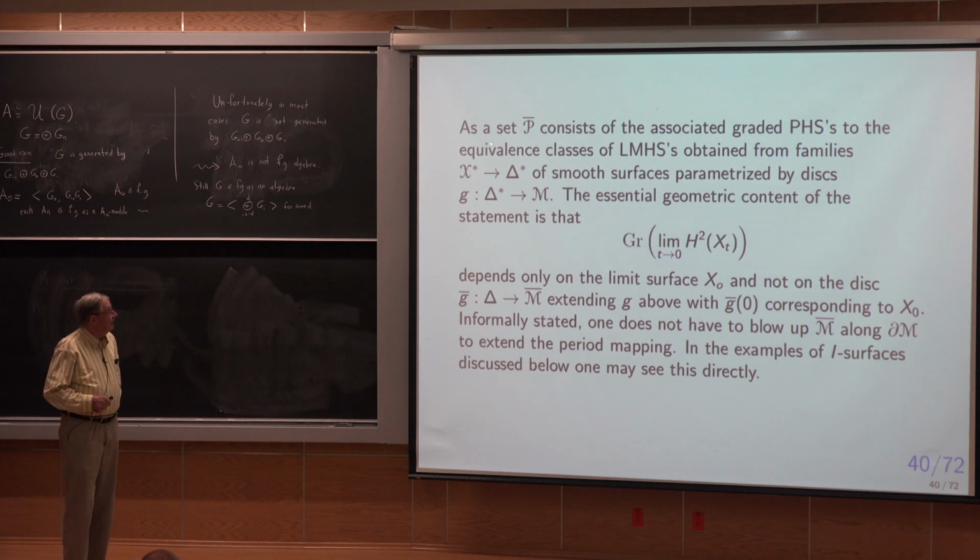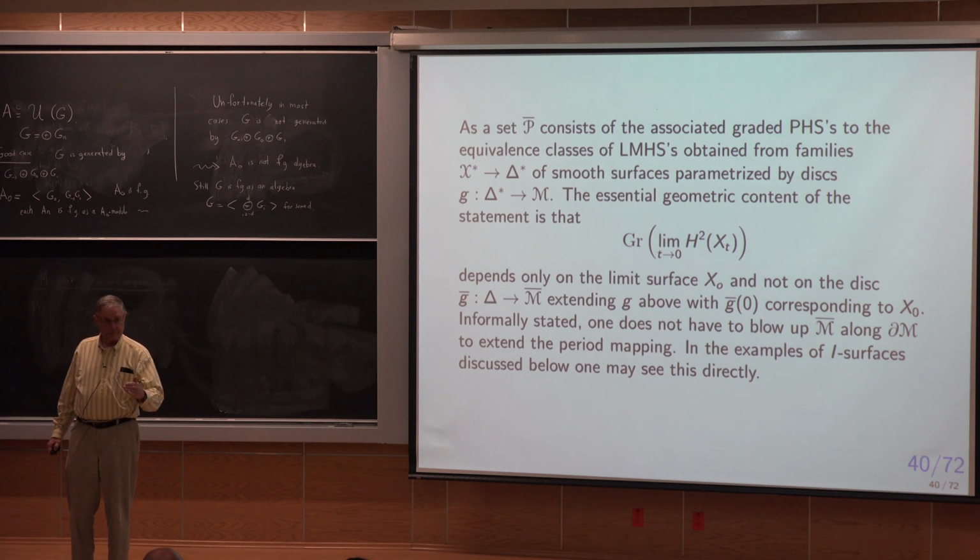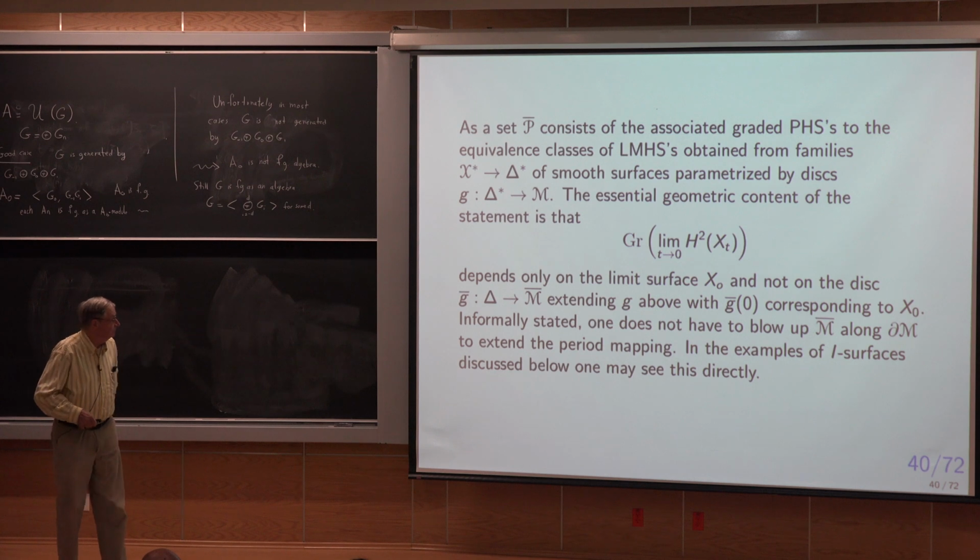This P bar is the associated graded polarized Hodge structures to the limiting mixed Hodge structures. So what it means is that you go to the limit, you get a limiting mixed Hodge structure, throw out the extension data. That's the minimal amount of information, if you like, that you can usefully consider in the limit. In the classical case, this was the Baily-Borel-Satake compactification of abelian varieties and K3s. So that's what this thing is as a set.